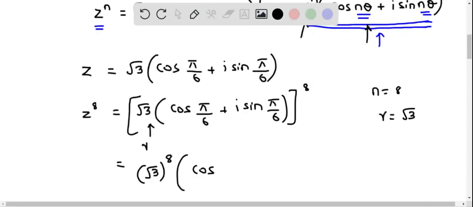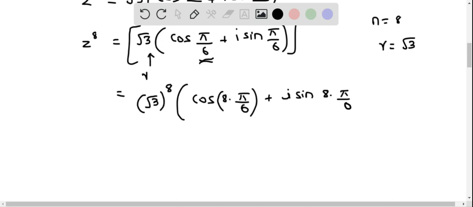Here we see that theta is pi by 6. So it becomes 8 times pi over 6 plus i sine, and basically we get the same expression, that is 8 times pi over 6. So we have applied de Moivre's theorem and got this expression.